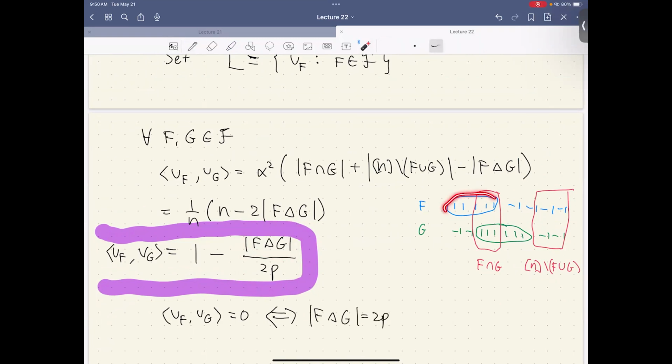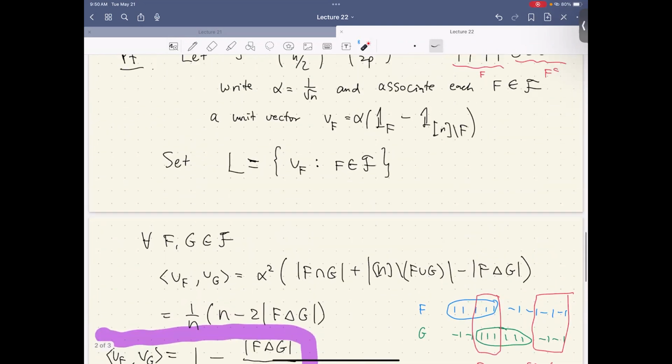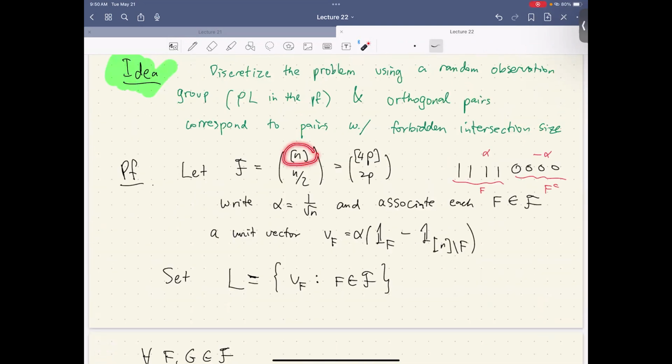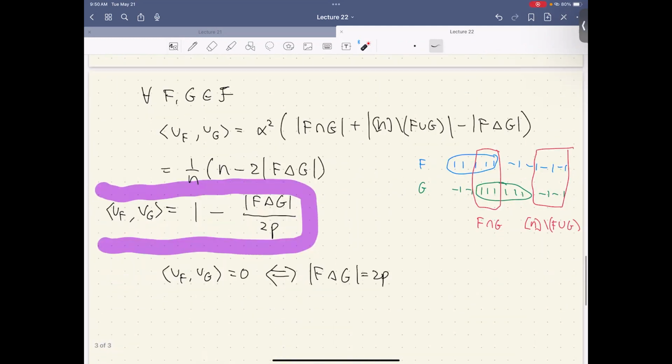But each one of them is of size 2p. We have ground set n, and each one chooses half of them, so it's a 2p uniform family. To have their symmetric difference be 2p, they have to overlap at exactly p elements. So this is the same as F intersect G being p.